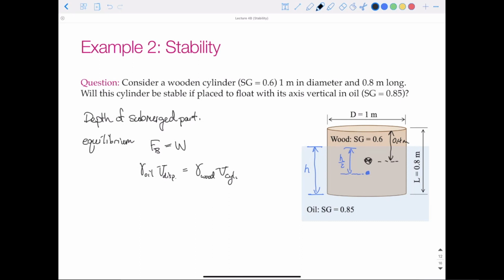So for the specific weights, we can use specific gravity times the specific weight of water. So we'll have that specific weight of water term on each side of the equation.